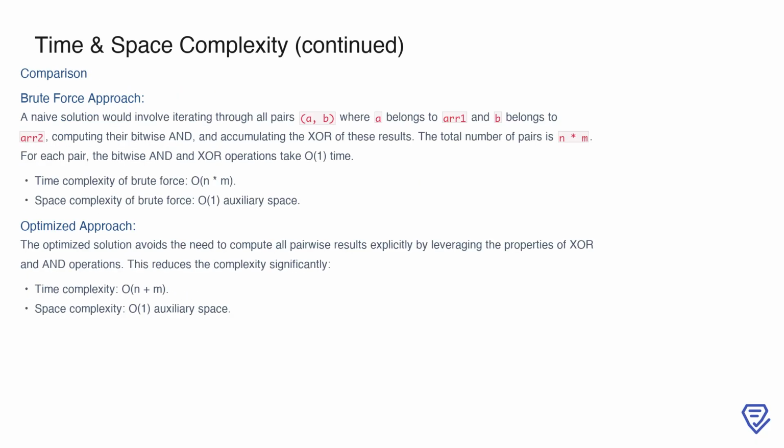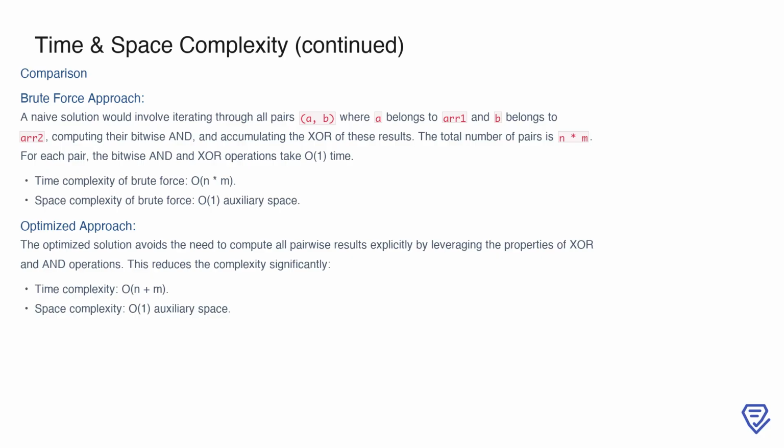To put this into perspective, let's compare the optimized approach with the brute force method. The naive brute force approach involves iterating through all pairs, A, B, where A is from ARR1 and B is from ARR2. Since there are n times m pairs, and each pair requires constant time operations to compute the bitwise AND and XOR, the time complexity of the brute force approach is O(n*m).